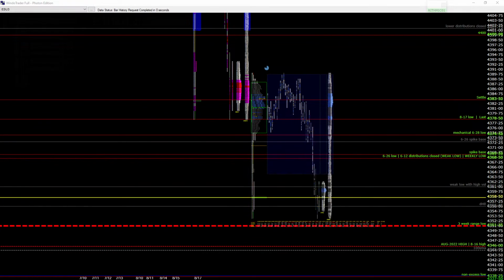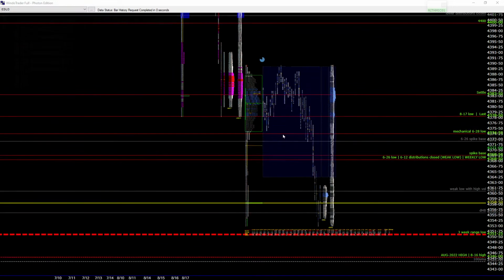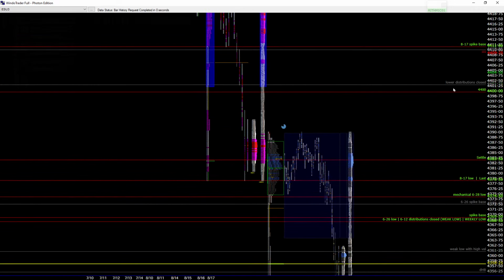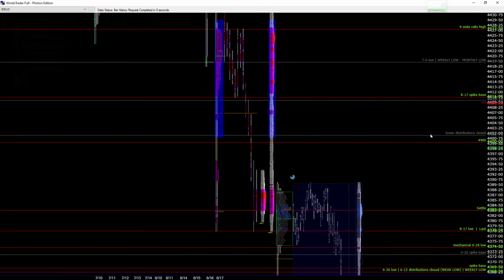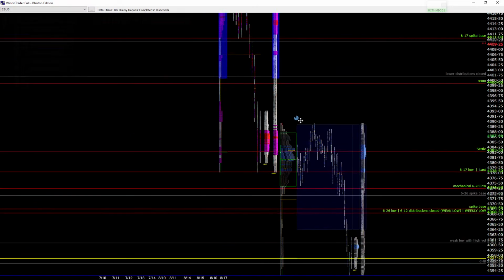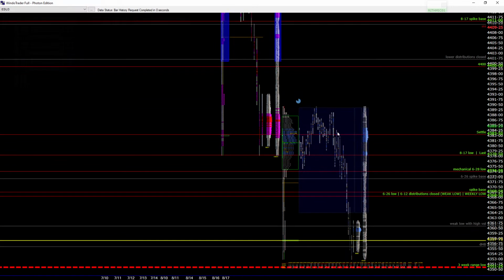Every time they're buying the dips, they're being crushed, and the market just rolls over them. We have a distribution here that I call this lower distribution. Here, the inside bar down here, then the overnight inventory is very short. The market is very short now.